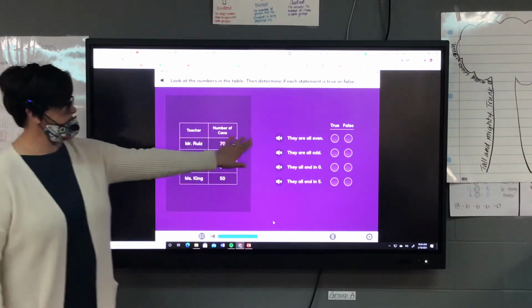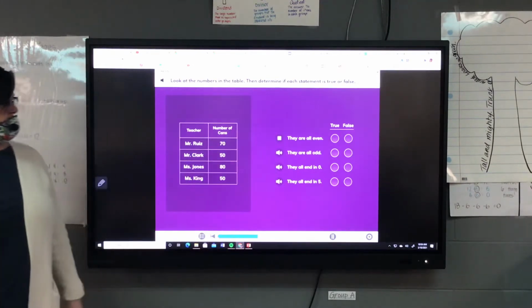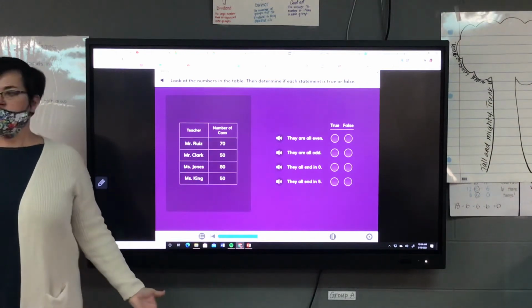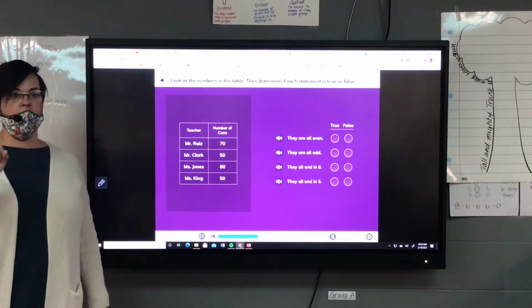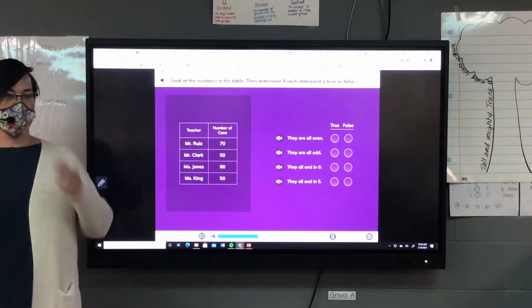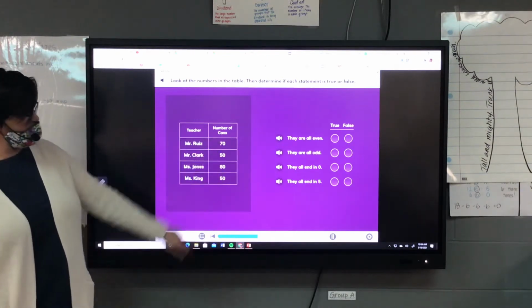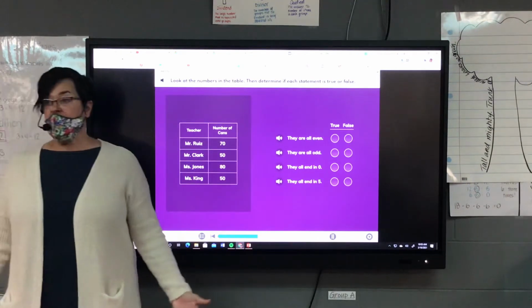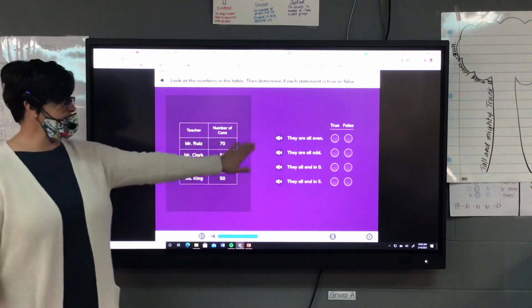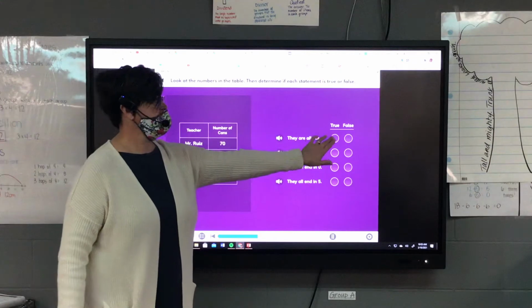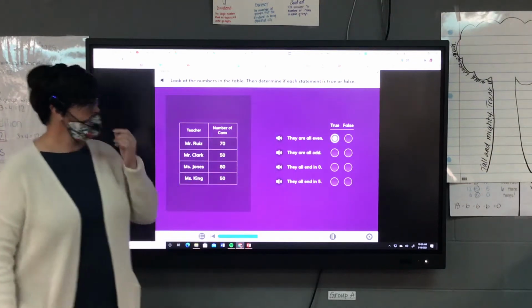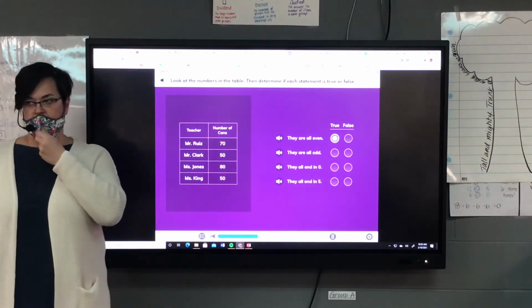Okay, so if we look at this first one, they are all even. True. Is 0 an odd or an even number? Even. It's an even number. Do they all end with a 0? Yes. So are they all even? Yes. So that makes this one true. They are all odd.